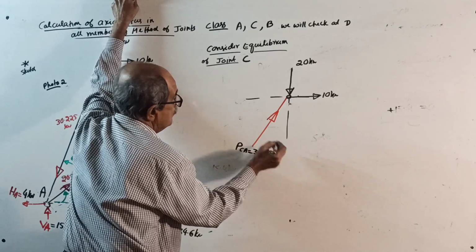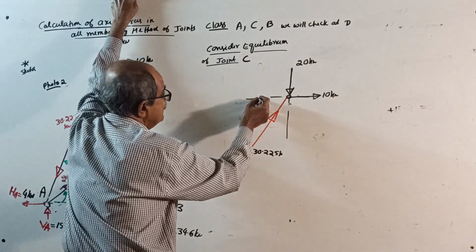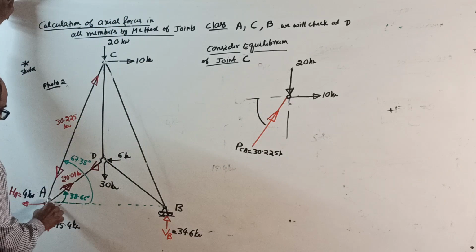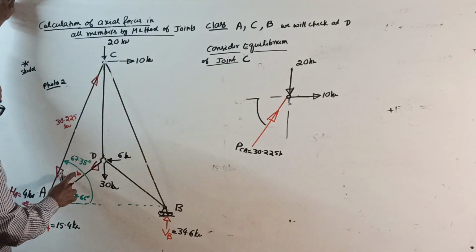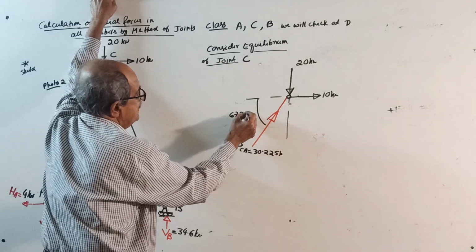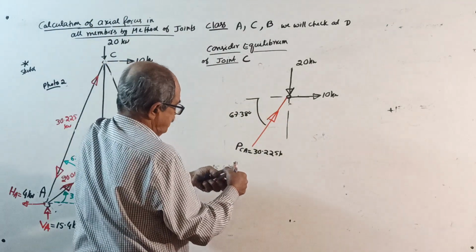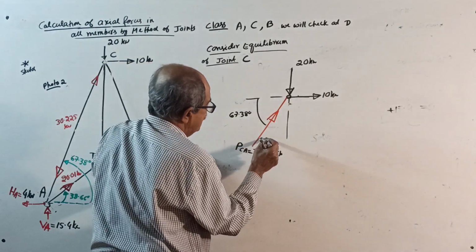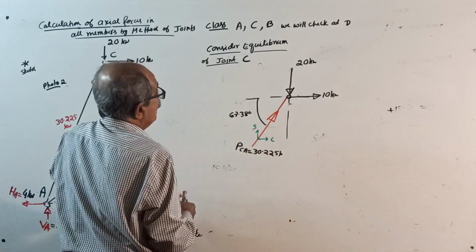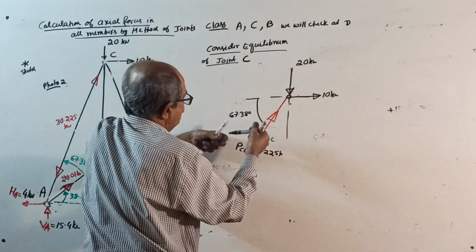For that member, the angle with the horizontal is 67.38 degrees. If you resolve later, it will come as cos and sine.